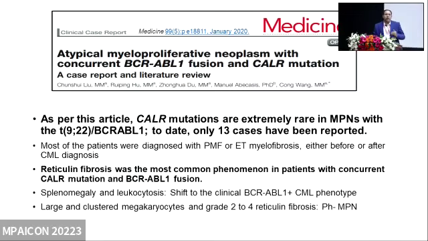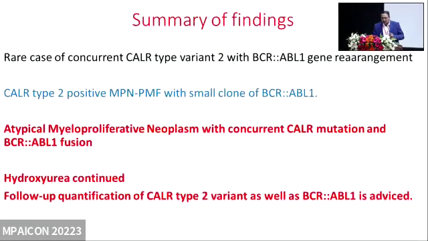Some of them had BCR-ABL diagnosed as CML previously. Some developed BCR-ABL CML later on. Strikingly, the morphology described in the paper matches our case: patients presented with splenomegaly, leukocytosis, and large clusters of megakaryocytes with grade 2 to 4 fibrosis.